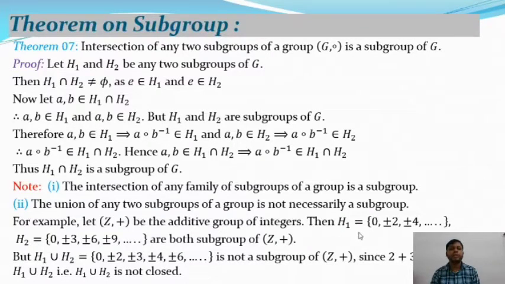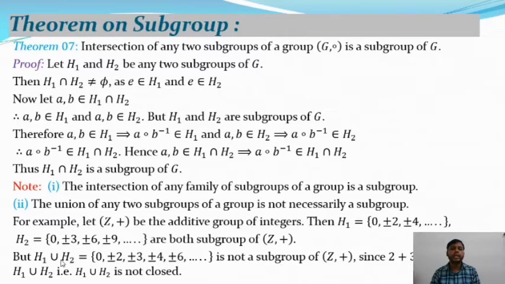Let H1 be a subset of Z, equal to 0, plus or minus 2, plus or minus 4, and so on up to infinity, as well as H2, equal to 0, plus or minus 3, plus or minus 6, plus or minus 9, and so on up to infinity, also a subset of Z. Both are subgroups of Z under addition.